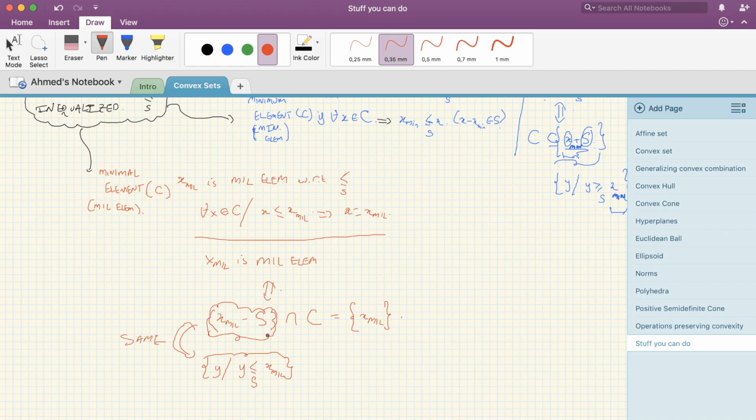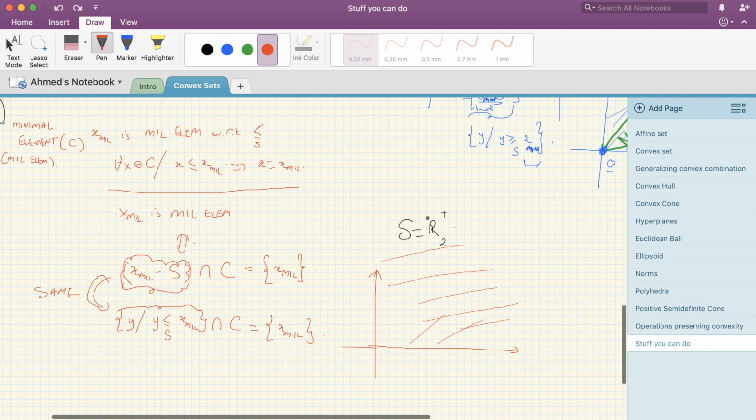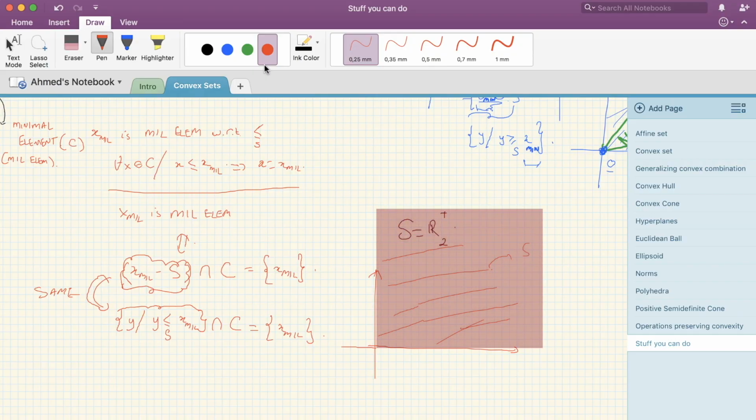Okay? So if you grab all points that are less than x_mil and you do an intersection with C, if this turns out to be x_mil, then you can say that your x_mil is the minimal element. And an example would be the following. Again, if we take our S to be R2 plus, and let's take our C to be something like this.